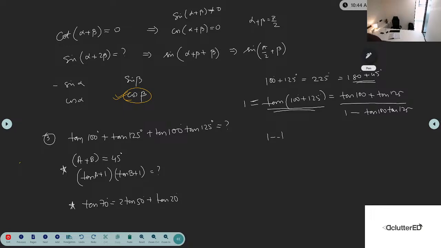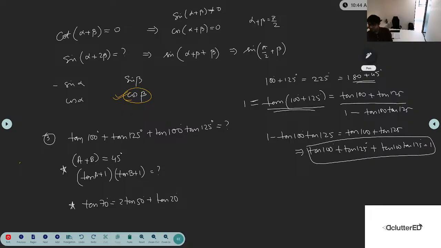And when I transform the denominator from the RHS to the left hand side, I will get the answer as this. And finally, I have tan 100 degrees plus tan 125 degrees plus tan 100 tan 125 is equal to 1. And that is my answer to this question. Right?